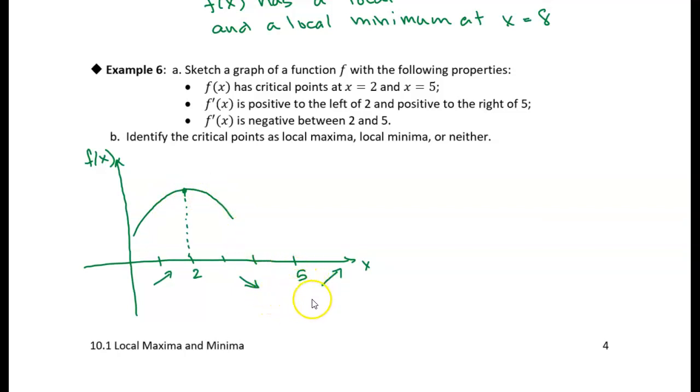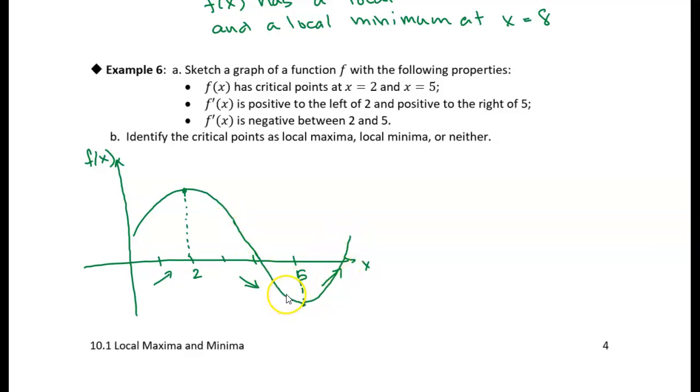We can also see that x equals 5 has to be a local minimum, because the function goes from decreasing to increasing, assuming it's a continuous function. Let's say the value is down here. We don't really know what the value is, but if we give it a value, then it has to do something like this.